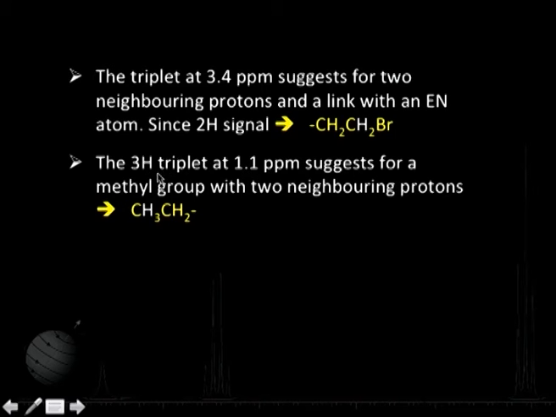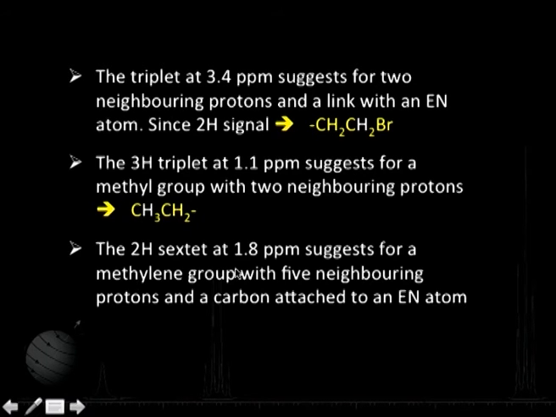That is one observation. Another signal we have is at 1.1 ppm, a 3 proton triplet. This means that since it is a triplet, there are 2 neighbors for it. And secondly, it is coming at 1.1 ppm, which is a typical position for a methyl group. So, the fragment I can devise from this information is something like this: CH3, CH2, with these 3 protons of the methyl group having 2 neighbors here. The third bit of information is a 2 proton sextet at about 1.8 ppm.